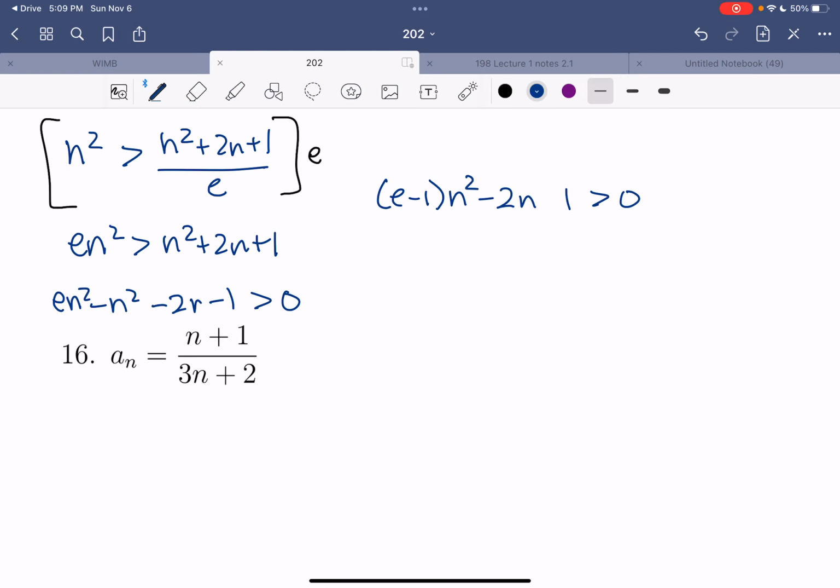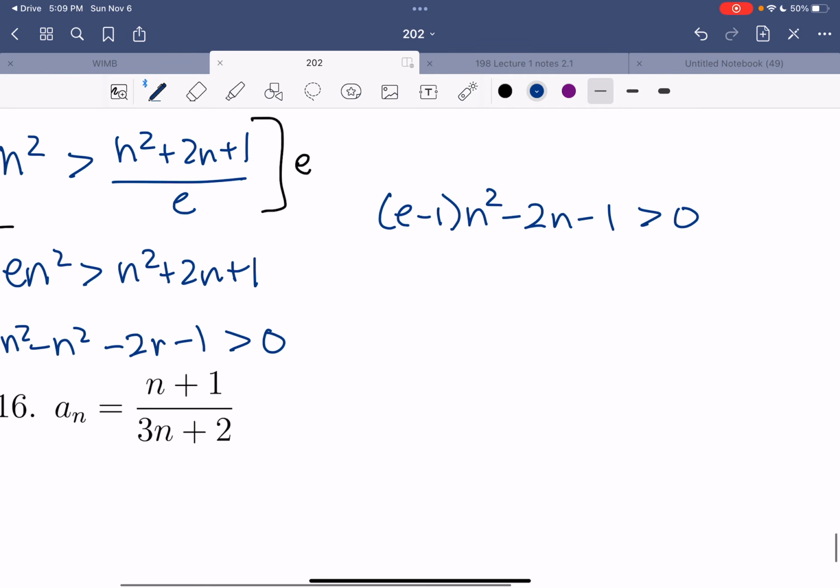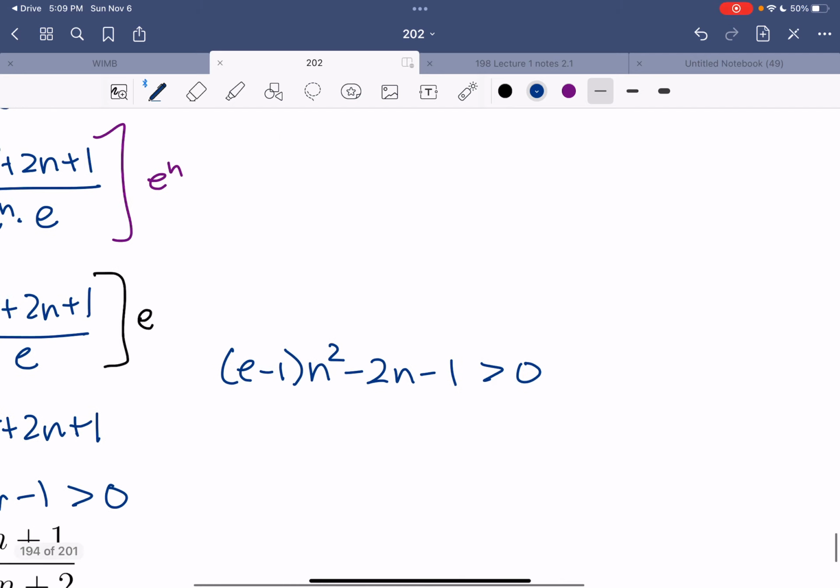Okay, now I'm hesitating a little bit here because there are obvious ways that I can show this, but they're not quick and easy. I'm trying to think if there's a quick and easy way to go about this. So let's just do it. So what I'm thinking here is that this has to be a parabola that opens up, right?